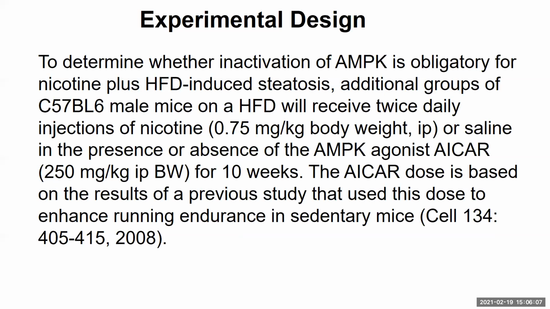This is our experimental design: additional groups of male mice on a high-fat diet will receive twice daily injections of nicotine or saline in the presence or absence of the AMPK agonist ICA. The ICA dose we used is based on a previous study that used this dose to enhance running endurance in sedentary mice.